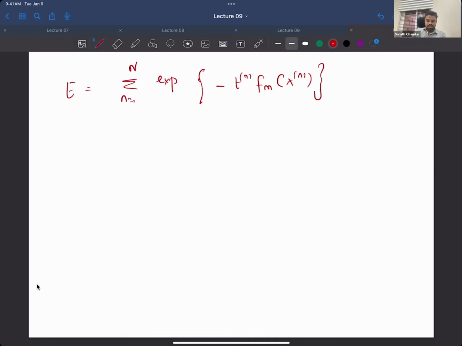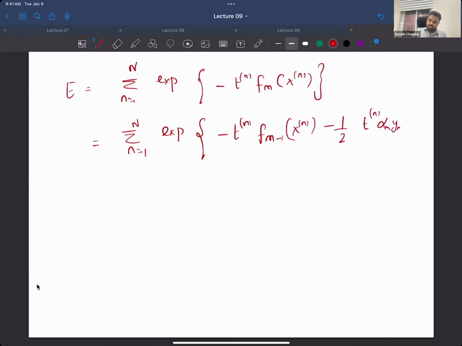To do this sequentially, it's easier if I split this error function into my current error and the previous error. So I'm going to write this as summation n equals 1 to capital N of exp of minus Tn Fm minus 1 of xn minus 1 over 2 Tn alpha m ym of xn.